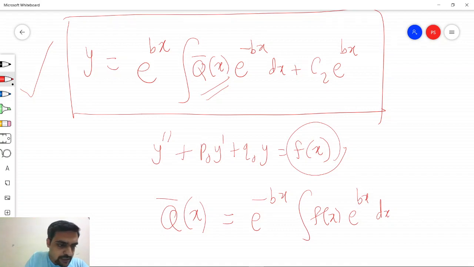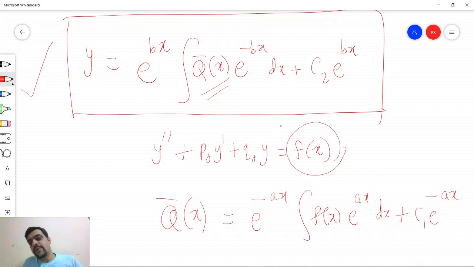Sorry, there's a slight correction. E raised to minus ax e raised to ax plus c1 e raised to minus ax. Now this particular process is to be performed for any given differential equation of this type.